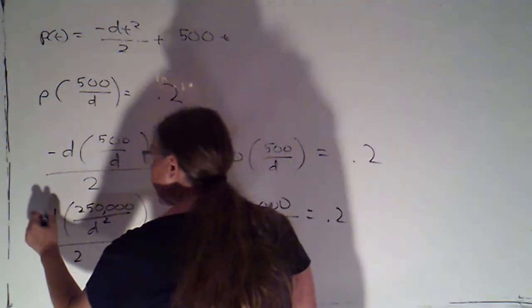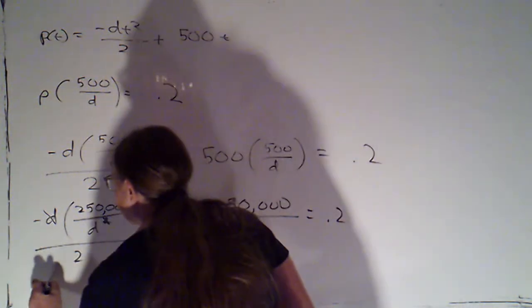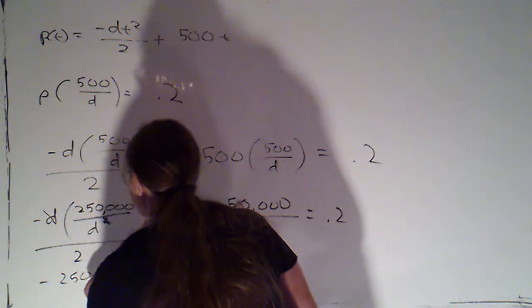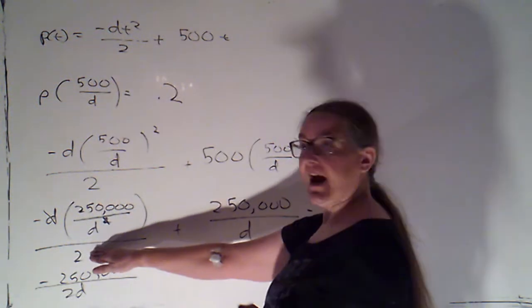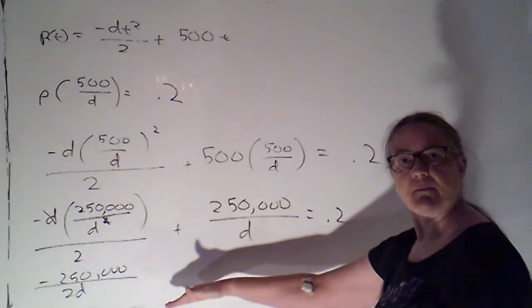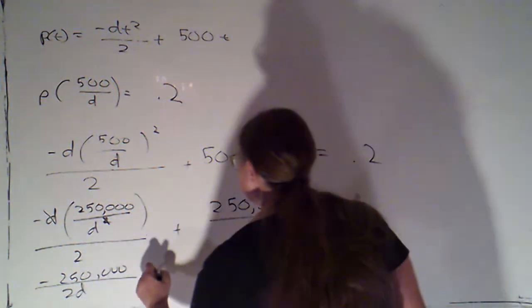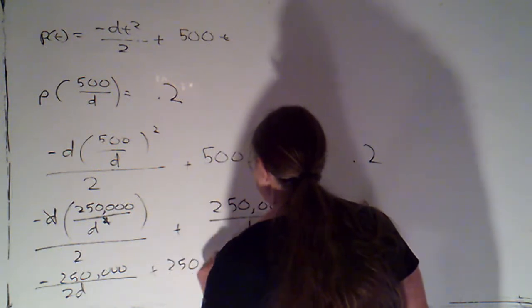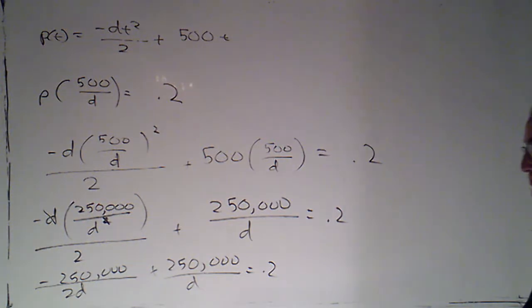Now here I can cancel one factor of d, so this becomes negative 250,000. And I'm just going to write that as over 2d, because dividing by 2 is the same as multiplying by 1/2, and that just puts the 2 in the denominator. Plus 250,000 over d equals 0.2.